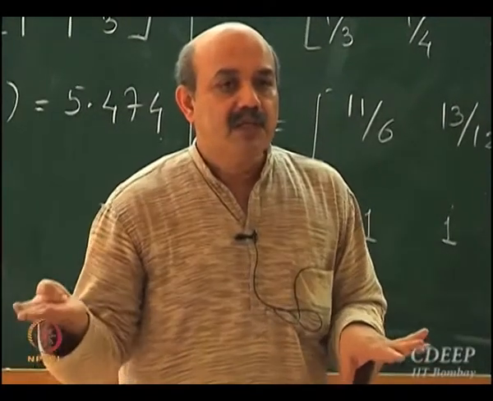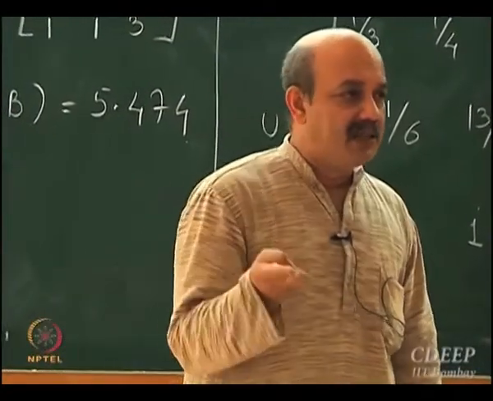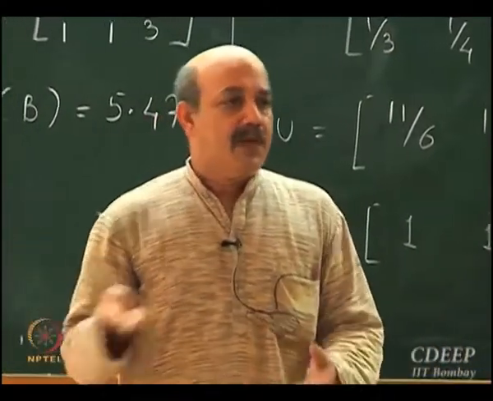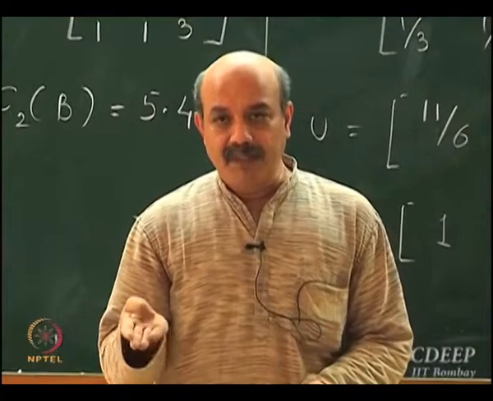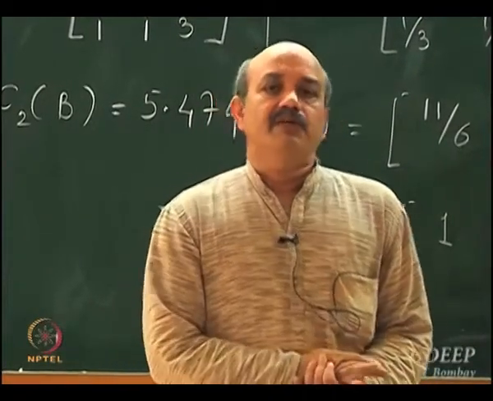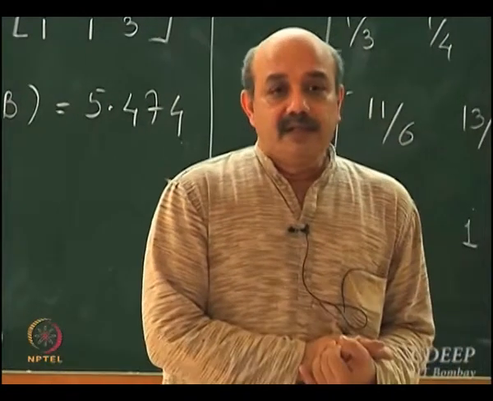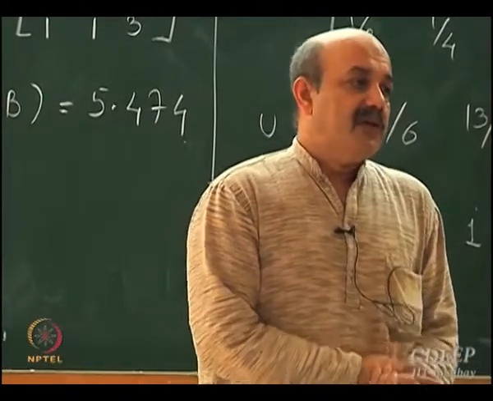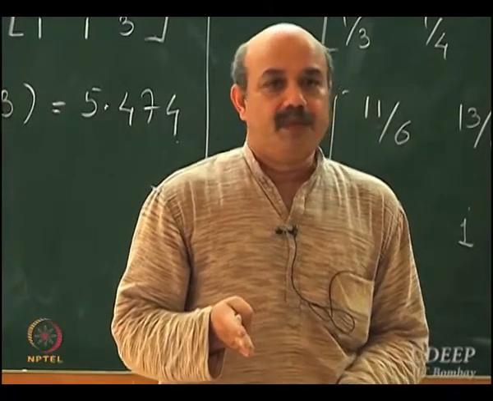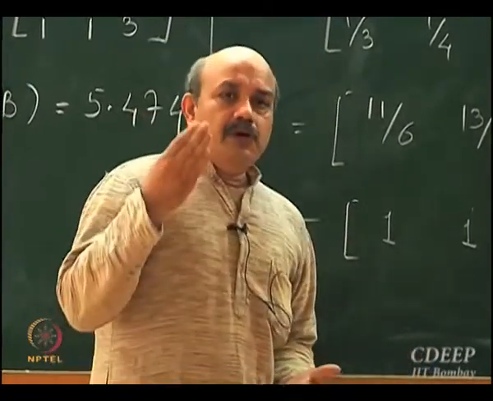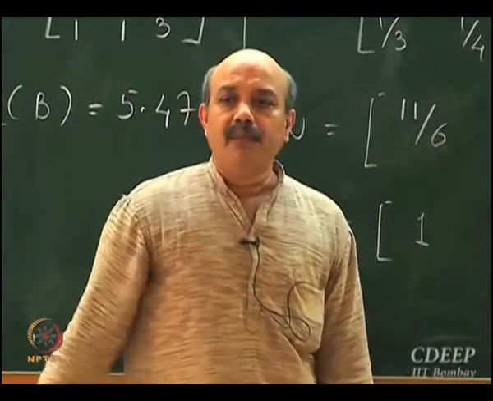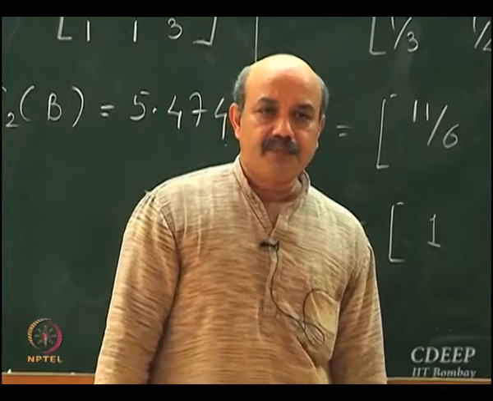The other one was optimization based: gradient method, conjugate gradient method, and so on. In particular, for the Jacobi and Gauss-Seidel methods, we also analyzed the convergence behavior. When are you guaranteed to converge to a solution of Ax equal to b? So we looked at convergence properties. We also looked at how to tweak the problem to ensure convergence.